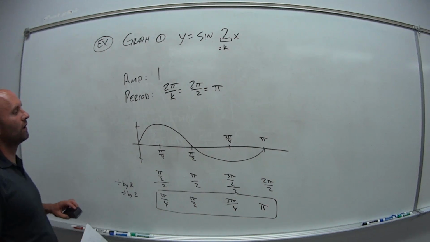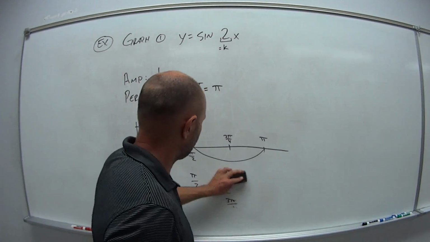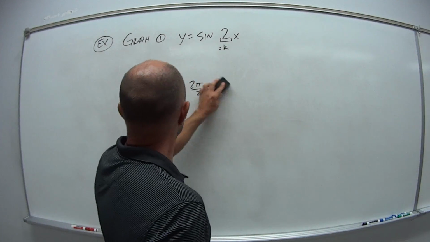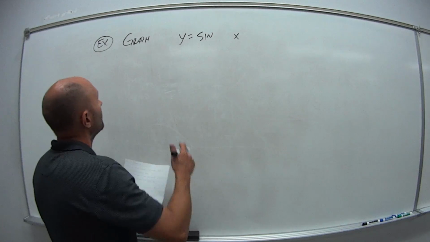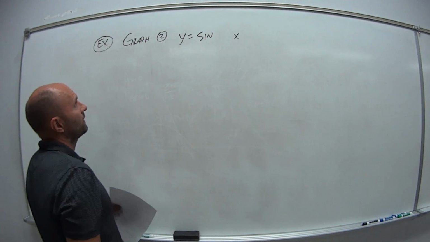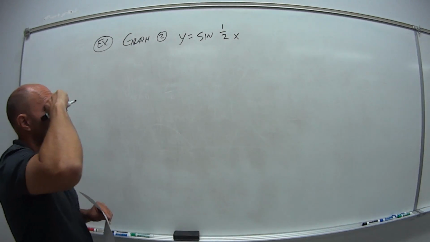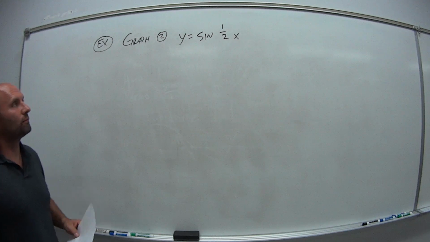All right, let's look at another example. So our second example, let's say we want to graph y is equal to sine of 1/2 x.